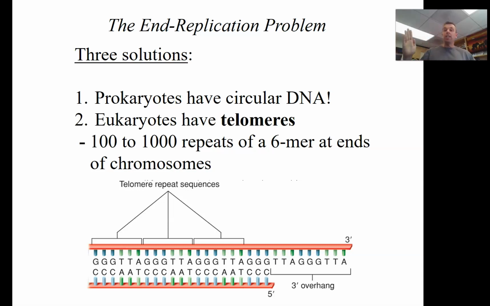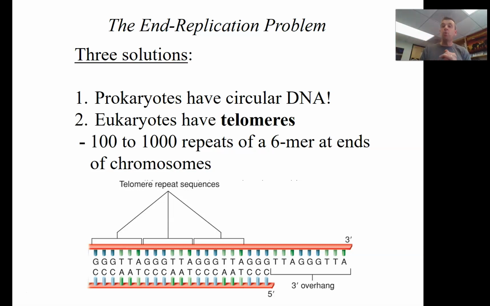If you add kind of this non-important, nonsensical repeat DNA at the end of the chromosomes in these telomeres, even if they get shorter by a little bit each time, you have a long buffer zone before they start to get to the real important genetic information. So these telomeres are kind of just extra repeats at the end, so that as they get shorter, you're not losing key genetic information.